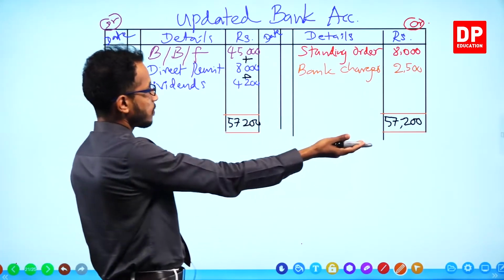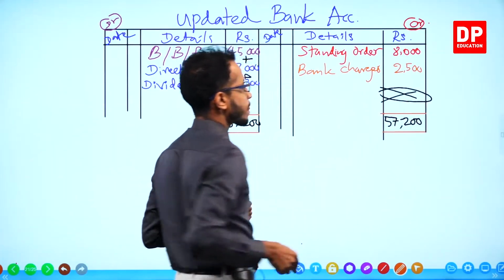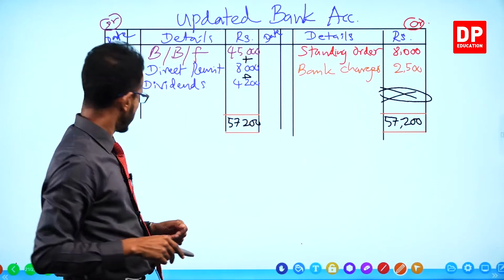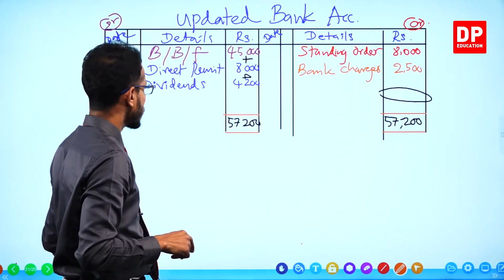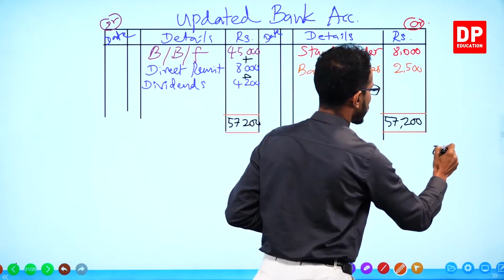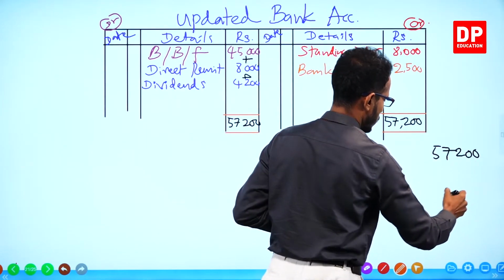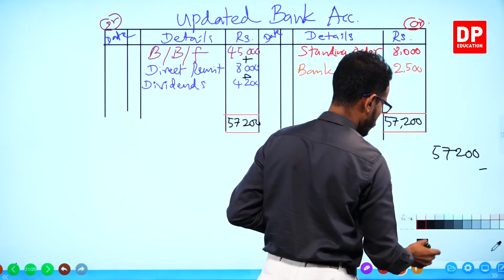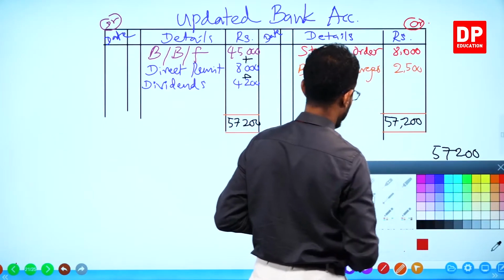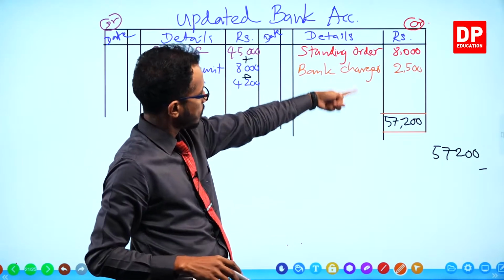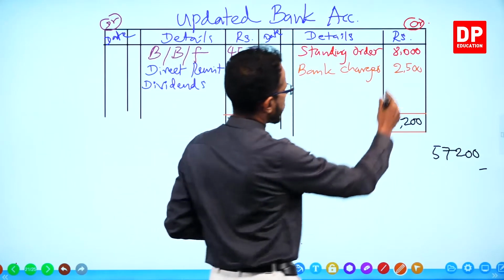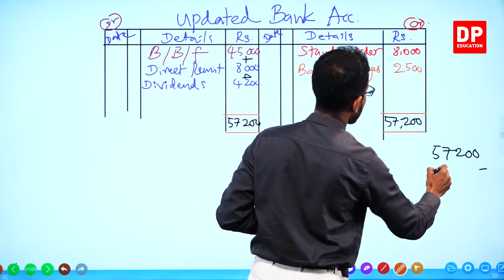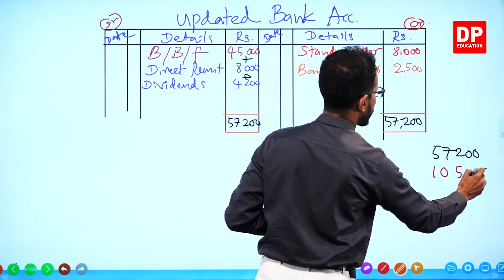Now it's balanced, but what is the shortage here? The difference. 57,200 minus the total of the credit side. 8,000 plus 2,000, 10,500.